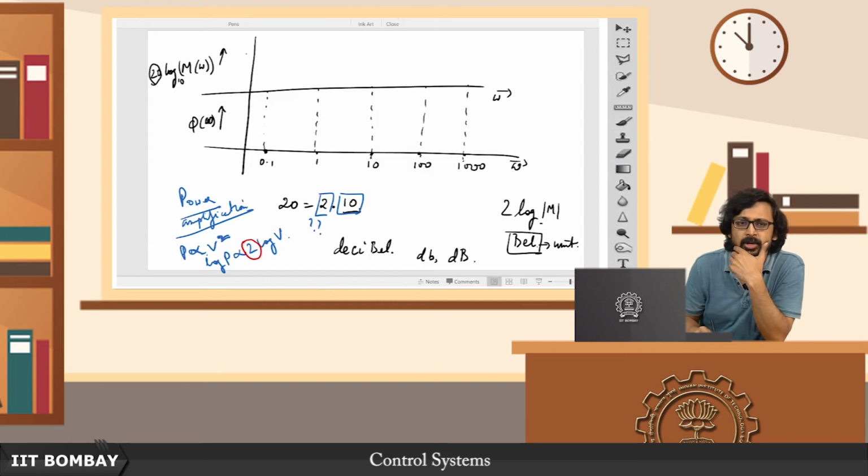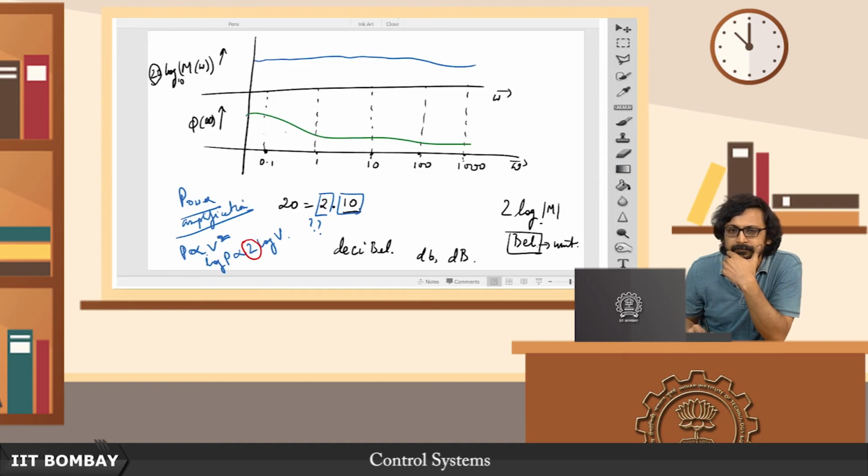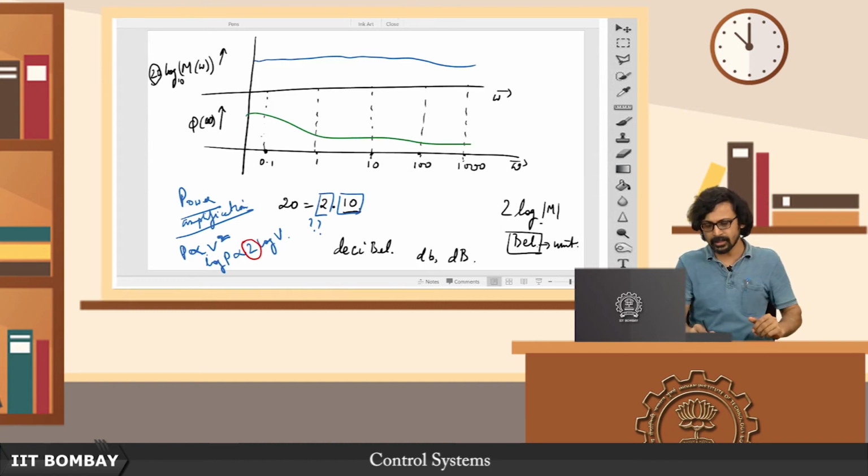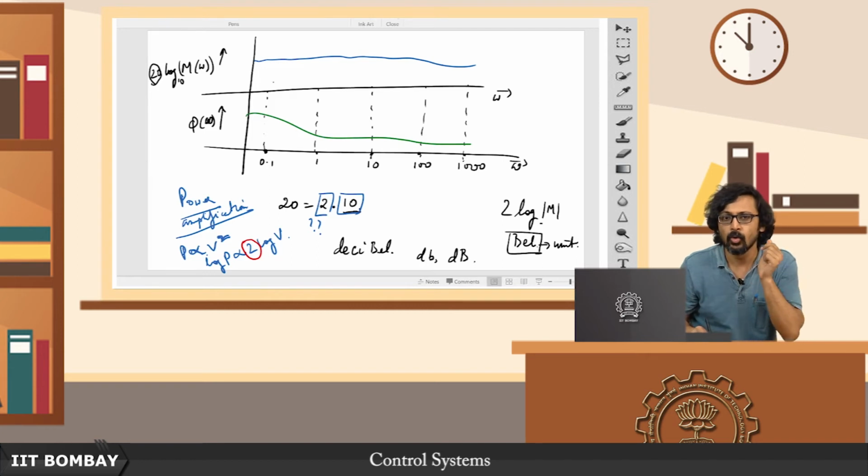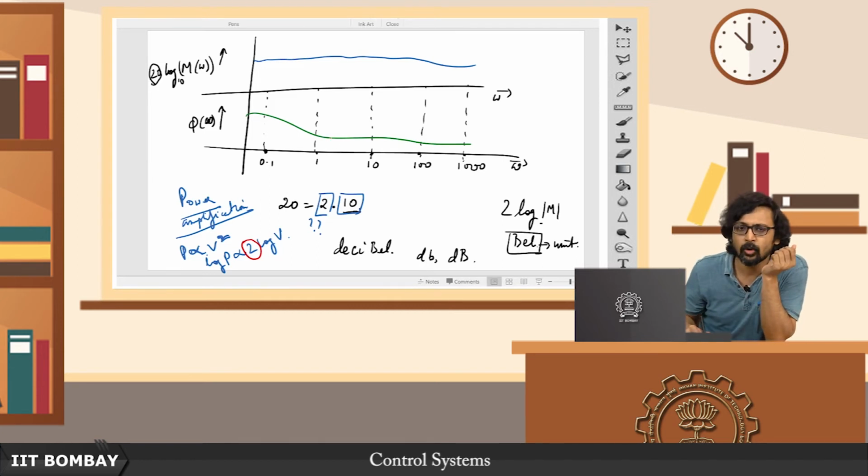What will that help us to do? Suppose I have been able to plot this graph like this and this graph somehow like this. How will it help me? It will help me in the sense that if I now know that there is a signal which I have cooked up by combining components of frequency such as this and this and this, so if it is a sum of 3 frequency components, then I know that this component is going to be amplified by a factor such as this, this component by a factor such as this, and this by a factor such as this.